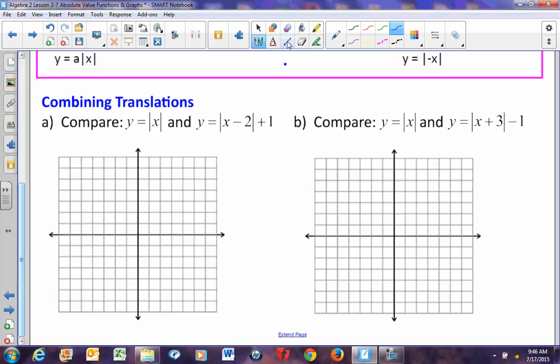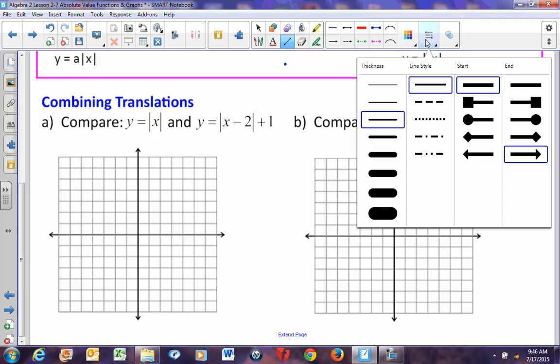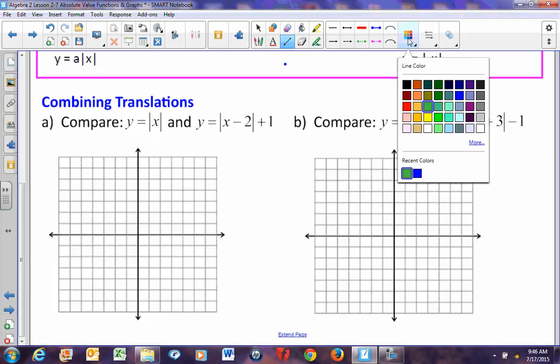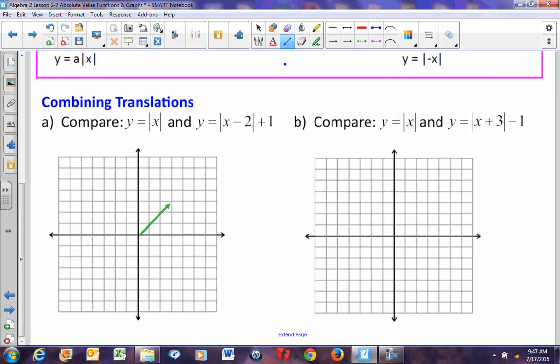All right, so let's do the absolute value of x. I want to do this in green. So here's the function y equals the absolute value of x. Now if I'm going to do this, this is going to go left 2, and this is going to go up 1.